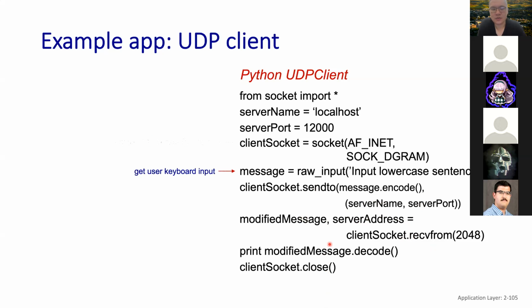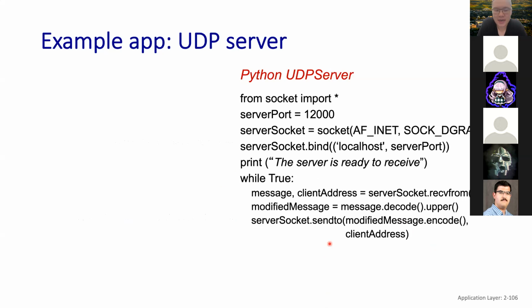Okay, so this is the client side. Let's go to the server side before you forget about the client side, okay? And this is the server side. Similarly, import the library, right? Give the server port number, okay? For the server side, you can give the name, but it depends on the system, right? Let's call it localhost.